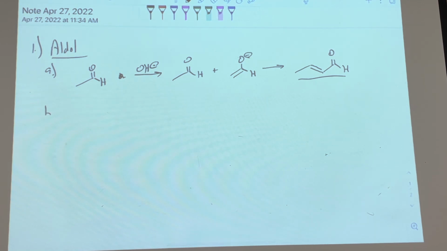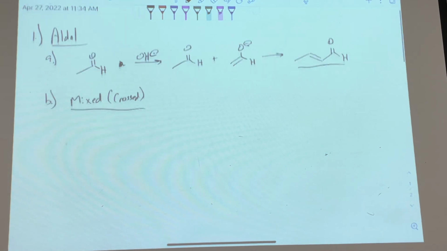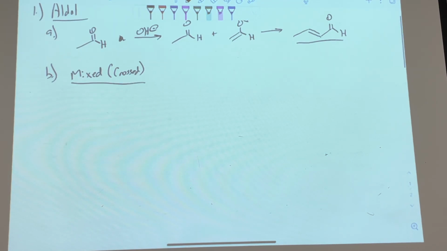The second way I gave you was how to combine two aldehydes or ketones that are not the same. This is what we call the mixed or crossed aldol. I'm going to give you a third way now. That's where we will start today's lecture.